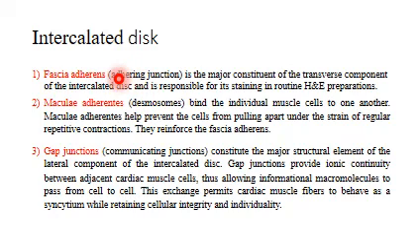Both of them, I mean the adhering junction and the desmosomes, hold the cardiac muscle cells together and prevent this strain or stress and dehiscence of the fiber. I mean the separation of the fiber due to repetitive contraction and relaxation.